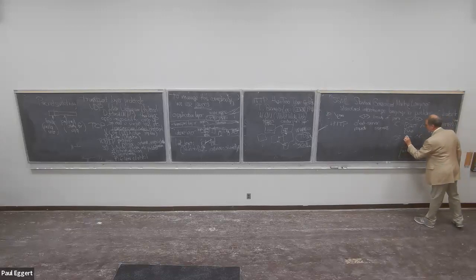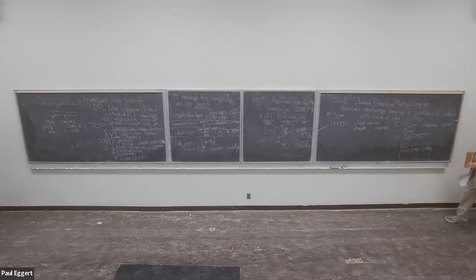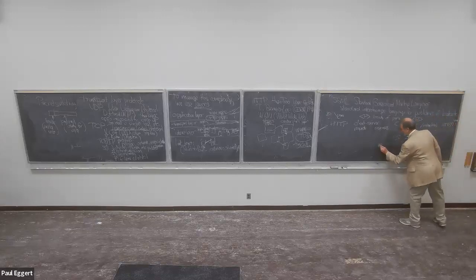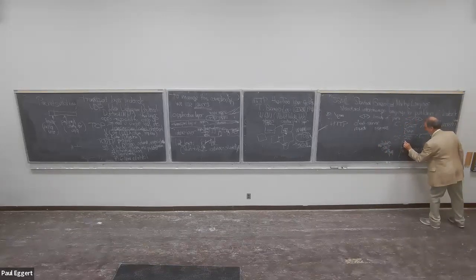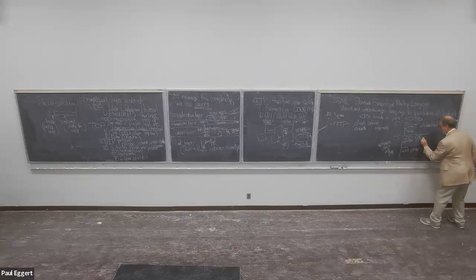But in between the first initial response and the actual contents of the web page, the server will also respond with some metadata about the web page. And the metadata will have some very simple things like a length field, which will tell you how many bytes are in this web page.